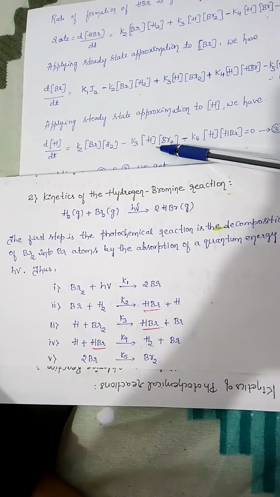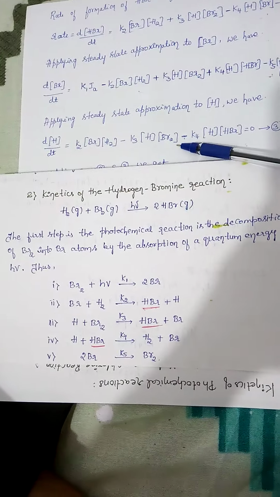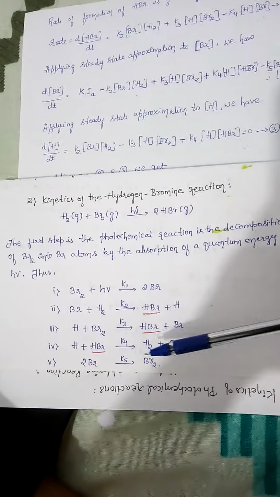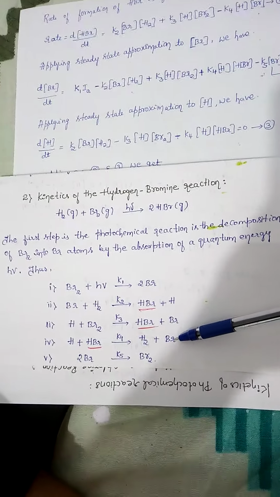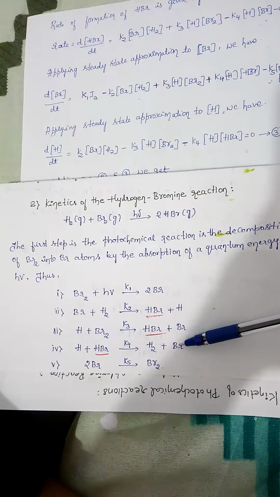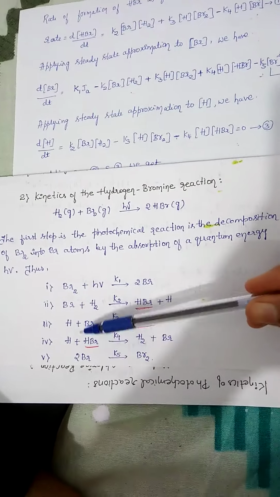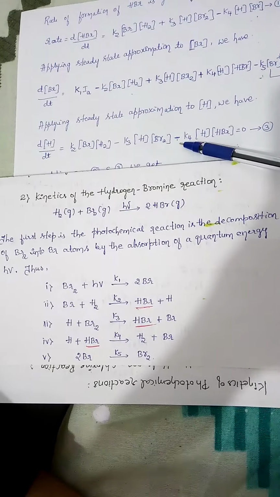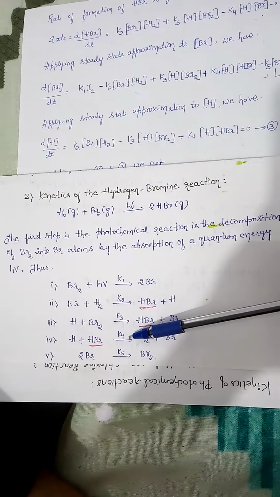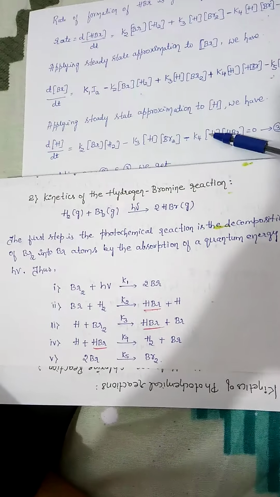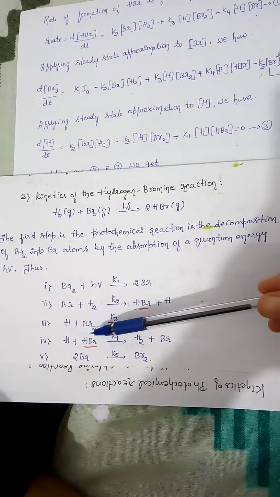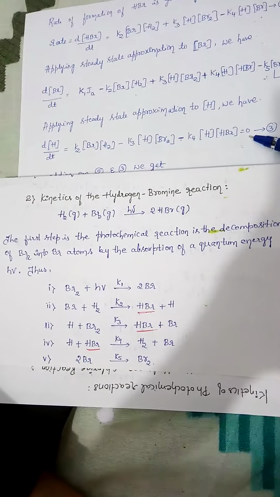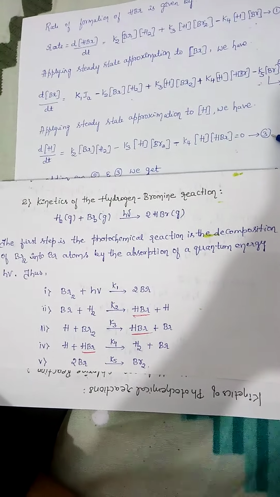And minus, see the fourth step. In the fourth step, the H is present in the reactant side. Hence you have to put a negative sign here, and the rate constant is K4. So write K4, first the concentration of H into concentration of HBr, that is equal to 0. So this is called equation 3.